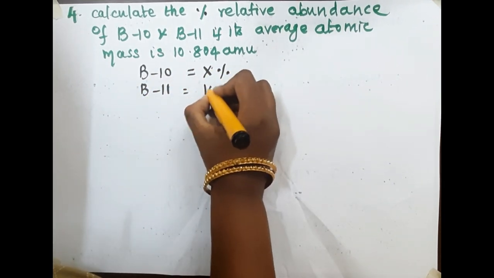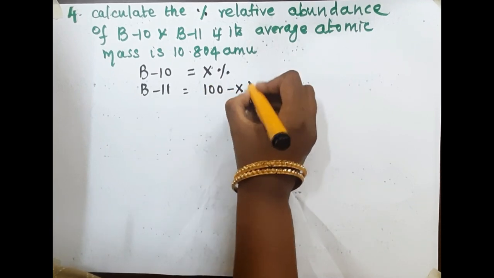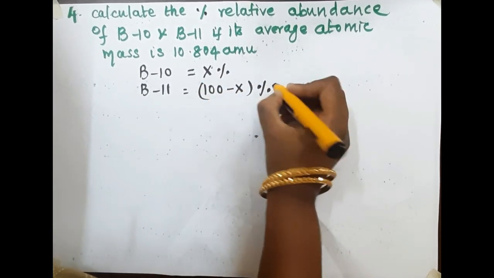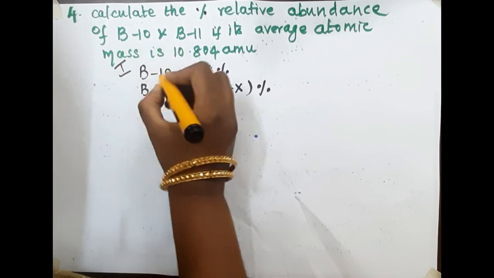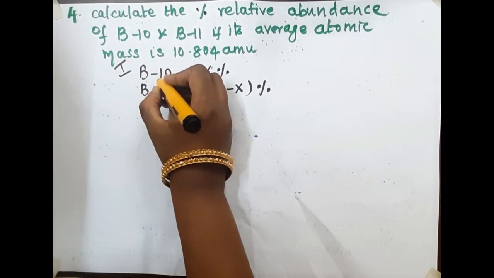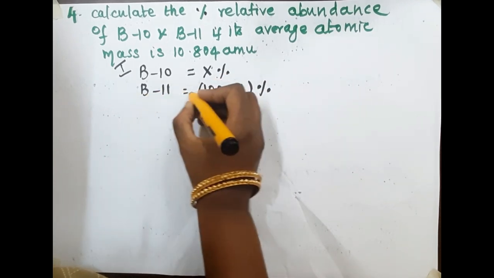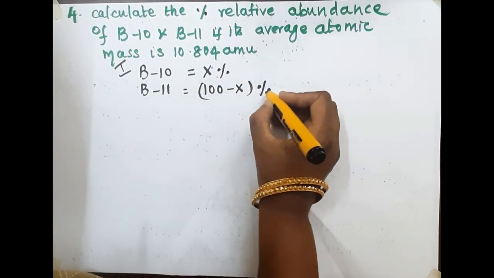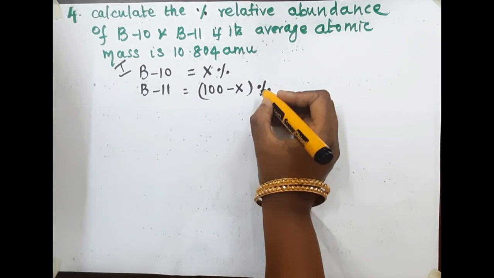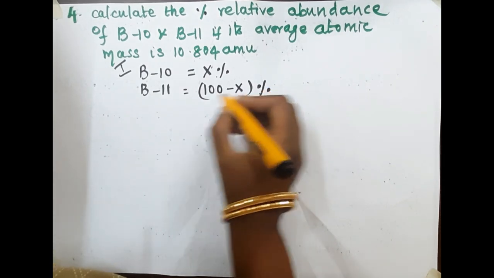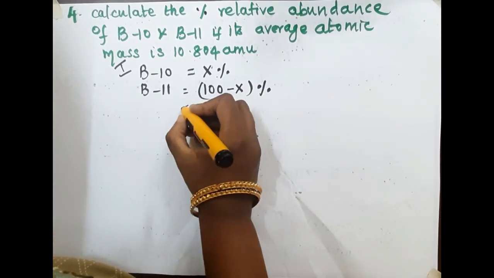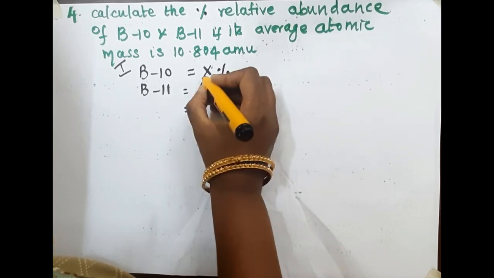B11 will be 100 minus X. This is the first thing you have to understand, children. Let boron 10 abundance be X percentage, so boron 11 will be 100 minus X percentage. Now, what is the formula for the average atomic mass? Children, listen here.